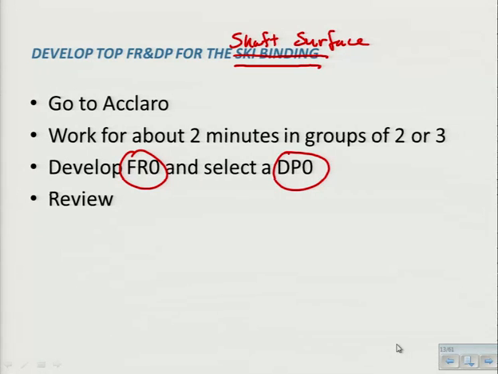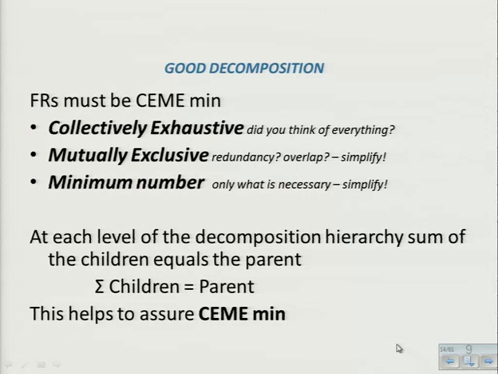Now take a look at those and see if you can get in one sentence, without a conjunction if you can, what the overall objective is for the design of the piece itself. And then how are you going to satisfy that with the DP0? Now the review we'll do later when we can get together and talk about this.